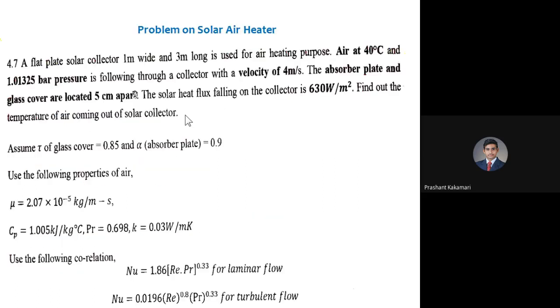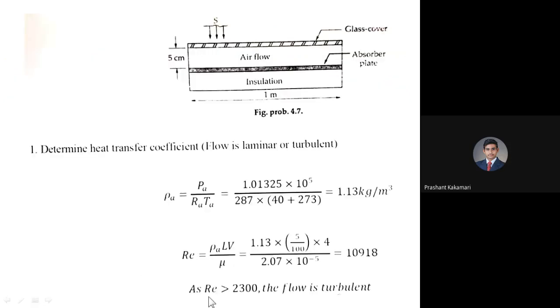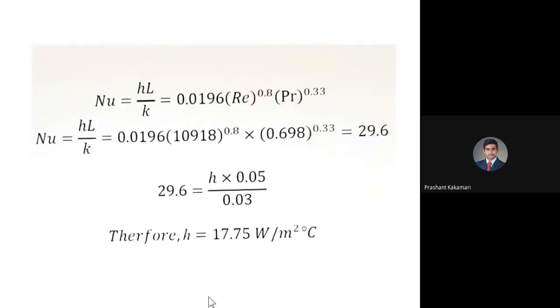If it is given in the problem itself, the Nusselt number is given here. So for turbulent, 0.0196 into Re to the power 0.8 into Prandtl number to the power 0.3. This you can consider here. Now we know the Reynolds number, and the Prandtl number is given in the problem.